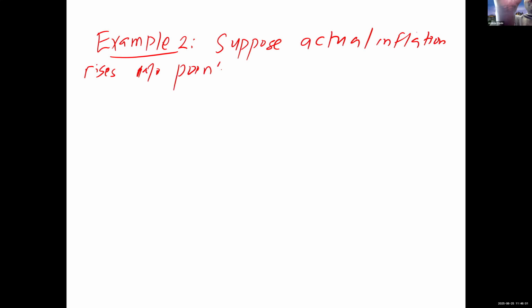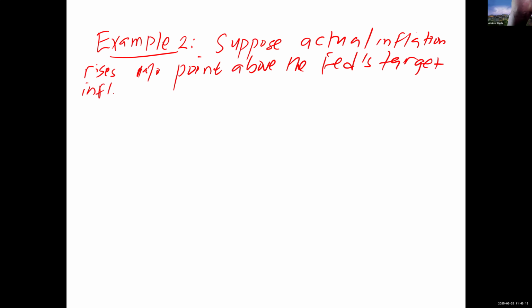Suppose actual inflation rises 1 percentage point above the Fed's target inflation of 2%, and GDP is at full employment.